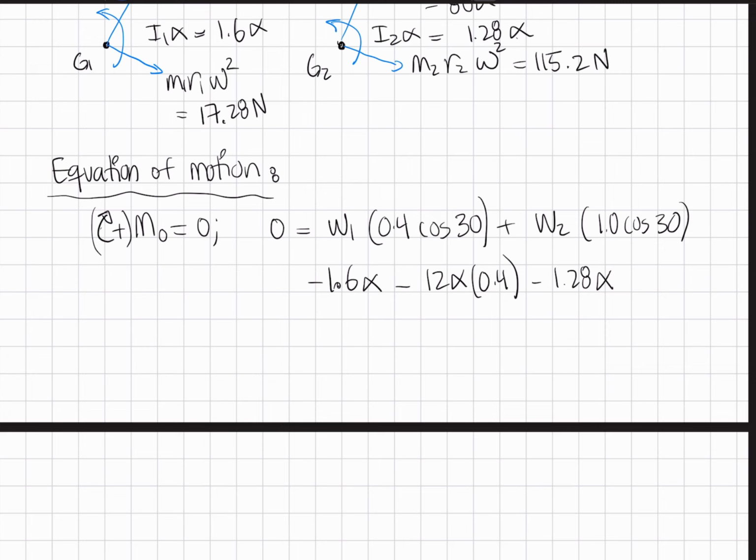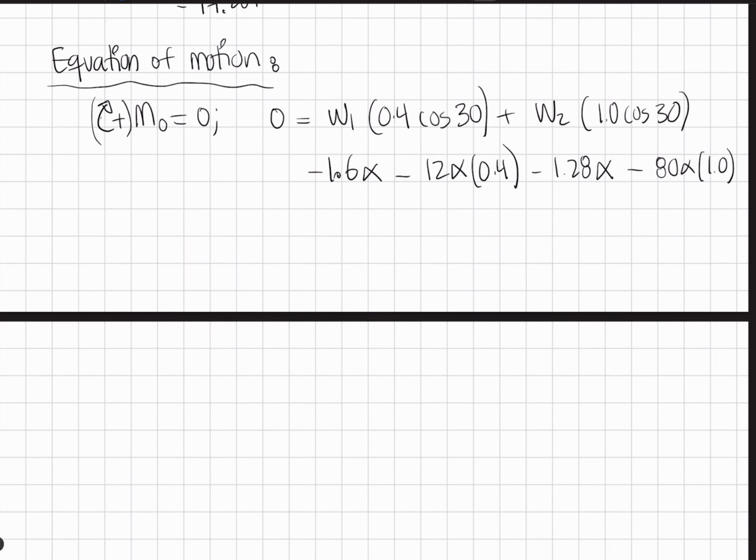This here is the rotational inertia for point 2, minus 80 alpha times 1.0. So all of this is equal to 0 as we have set up. And when we compute this, alpha ends up equaling 8.905 radians per second squared.